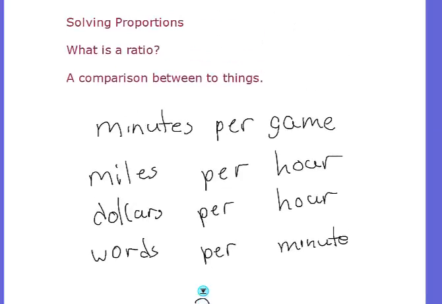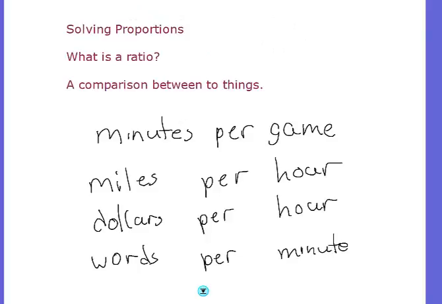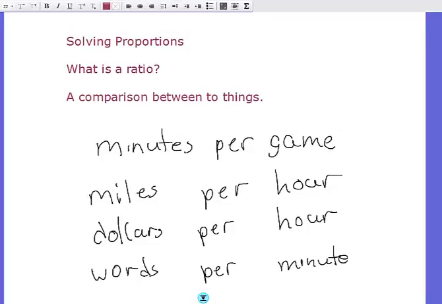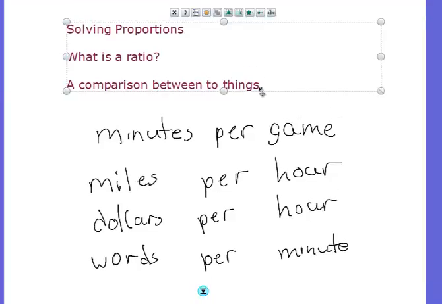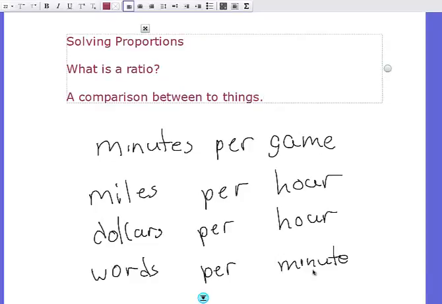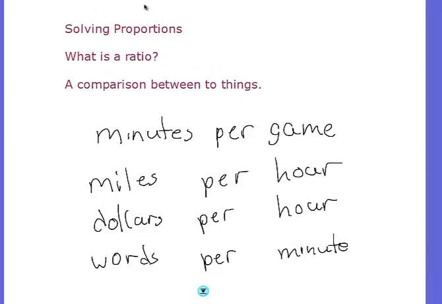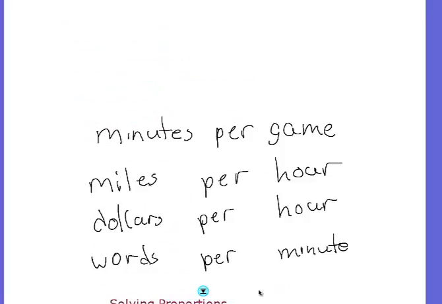Now that we know what a ratio is, we can know what a proportion is. Since we're talking about solving equations, I'll give you a little hint that a proportion has something to do with solving equations.